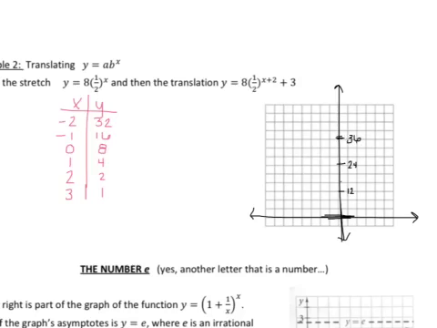Okay, so -2, 32 will be here. -1, 16, be there. 0, 8, 1, 4, 2, 2, 3, 1, something like that. Okay, that's the original one. That's y equals 8 times a half raised to the x.